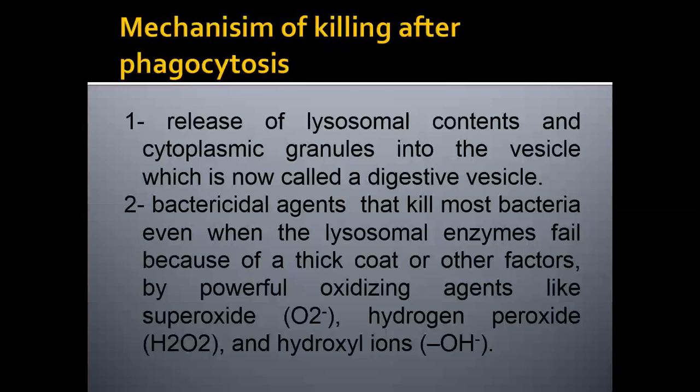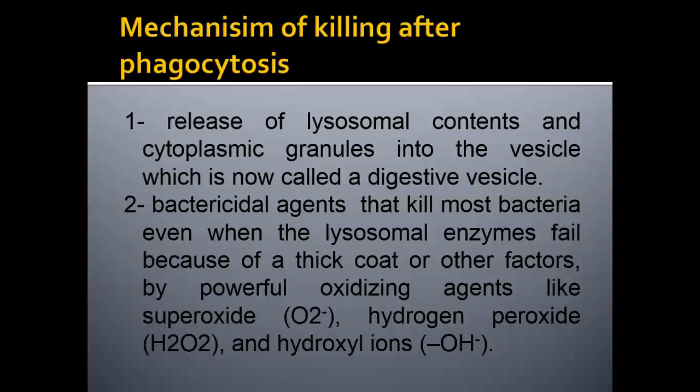These are very powerful agents that are produced from the bacteria, from the white blood cells. Mainly they are being produced by a special organelle known as the peroxisomes. Those reagents, or sometimes even by enzymes in the membrane of the phagosomes, whatever the process they are produced, those reagents are very lethal to most of the bacteria, even in small quantities.